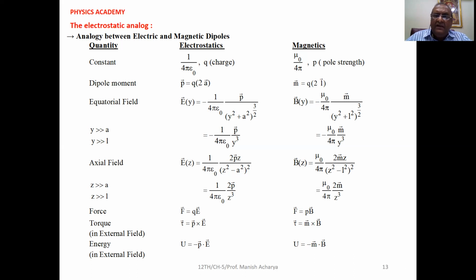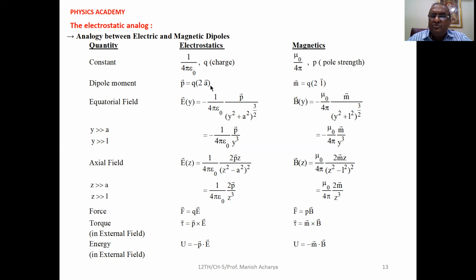Then the dipole moment in electrostatics is given by p equal to q into 2a, and in magnetics it is given by M equal to pole strength P into 2l.